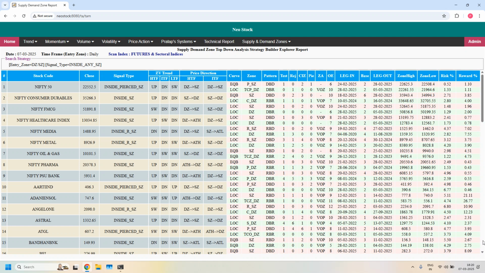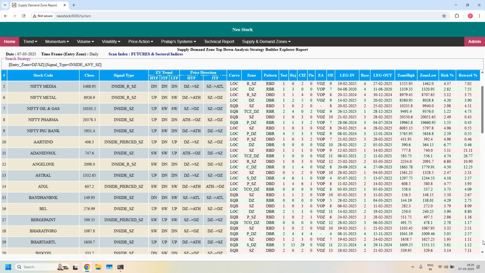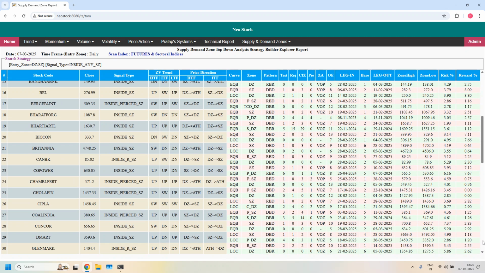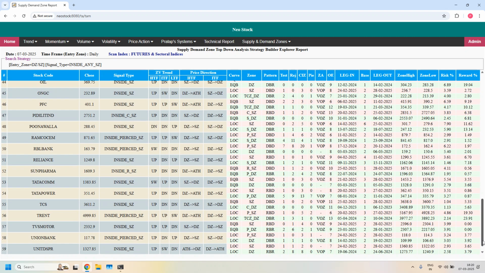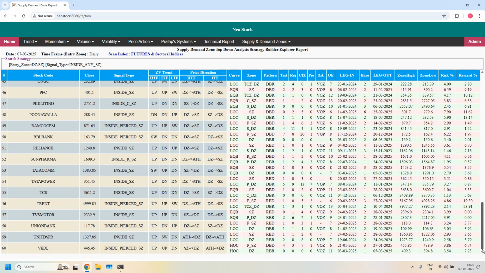Okay, I am scrolling the list down. So total 60 stocks are filtered.